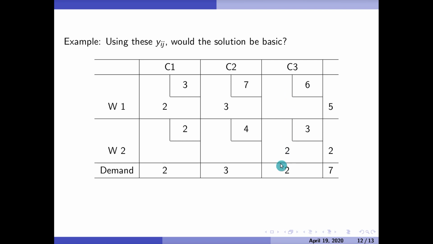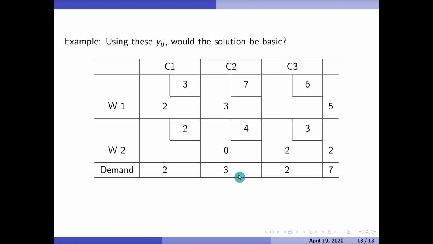This is a solution, but to be a basic solution I need one more variable to be assigned. I just want to assign a 0 somewhere so that I don't have a loop. So I could put it here, I could put it here. This is a good one, and so now I have my 4 variables that form my basic solution.